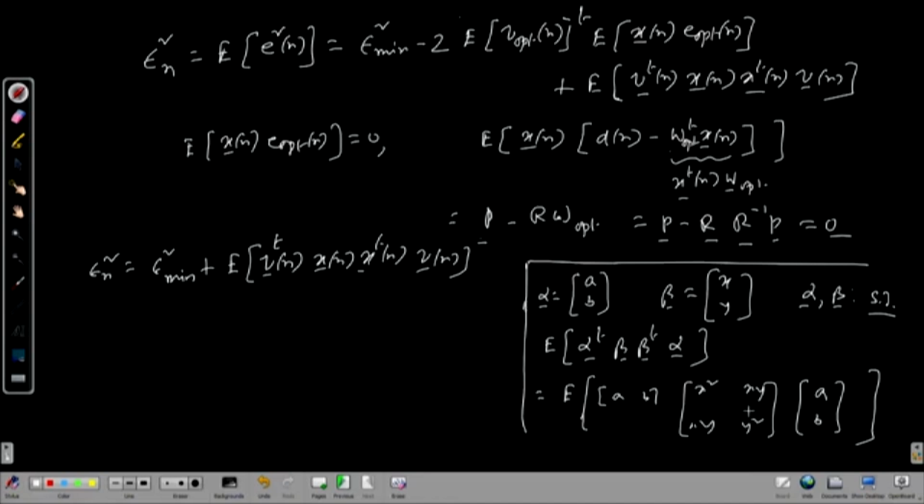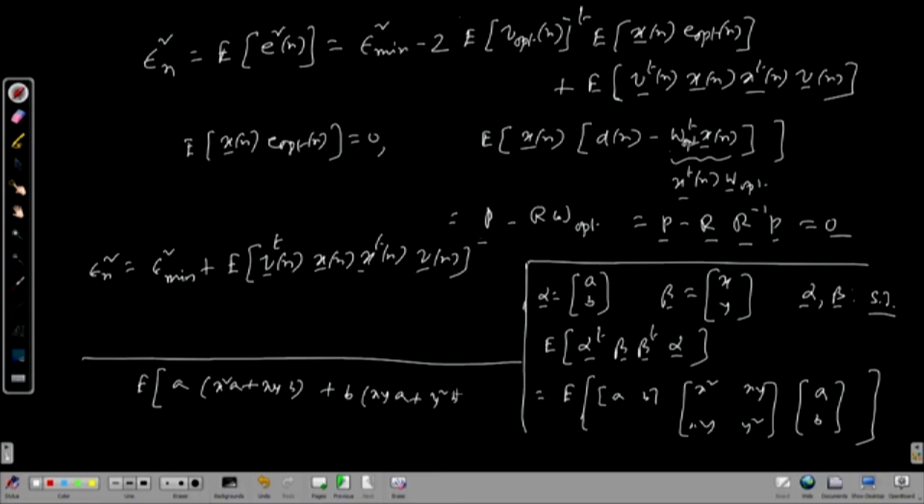It will be like this: E of x square A plus x y B into A, plus again B into x y A, plus y square B. This E will act separately on x square, x y, again x y and y square.